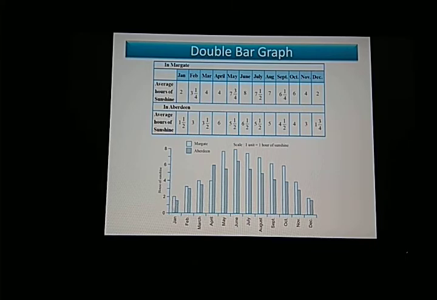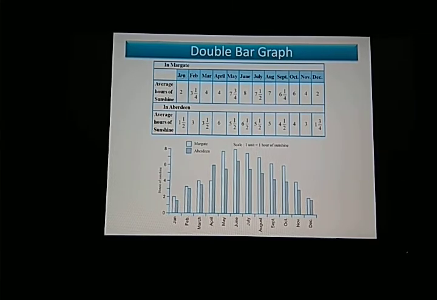It is not like that one graph is done, then there is a gap and another graph. No, since both the bar graphs are representing the same thing, they are representing the average hours of sunshine here, so they are attached. Yes, there will be a gap between two different kinds of data.